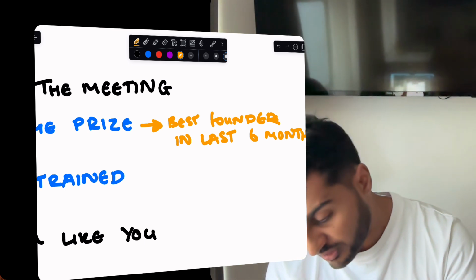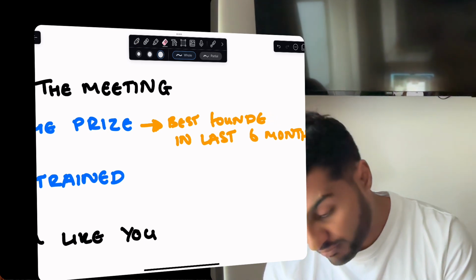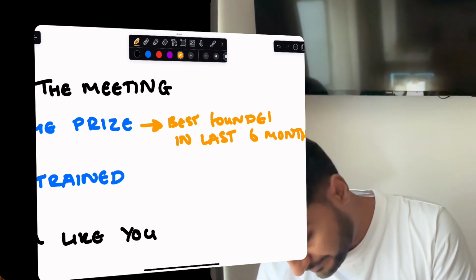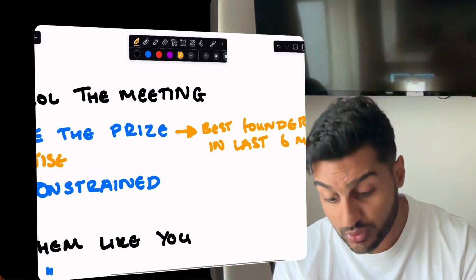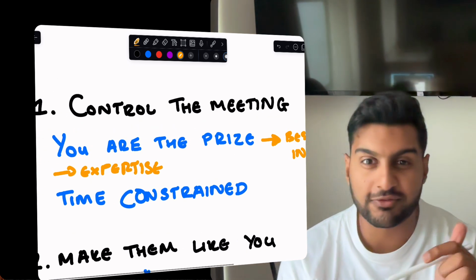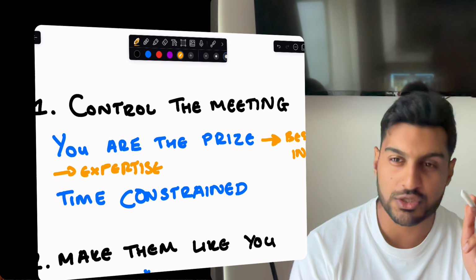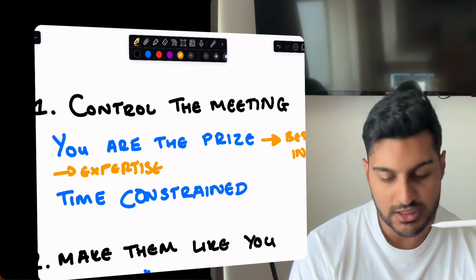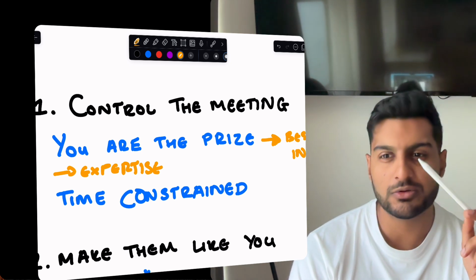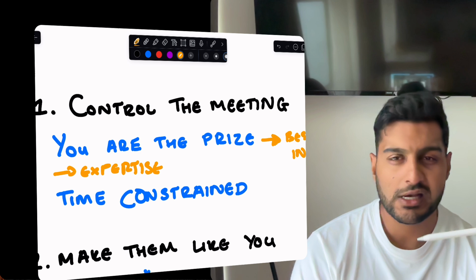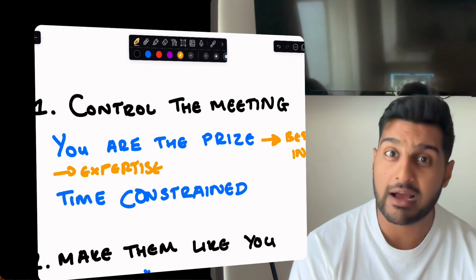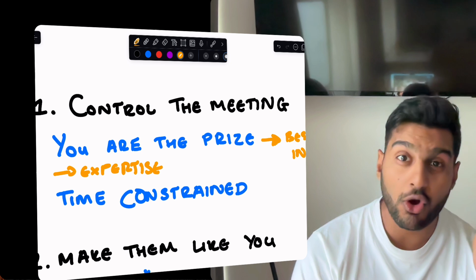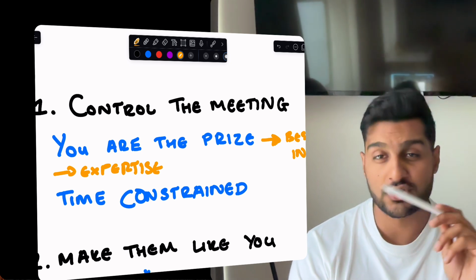And the only way in which you can do that at the beginning, and we'll go through more as we go, is making sure that you're controlling that meeting and showing that you are the prize. Controlling the meeting is the first easiest way to show that you are the prize, that you're doing everything in the right way, and that you are the one running this meeting. You have the opportunity here, and it's not the investor that's controlling anything.